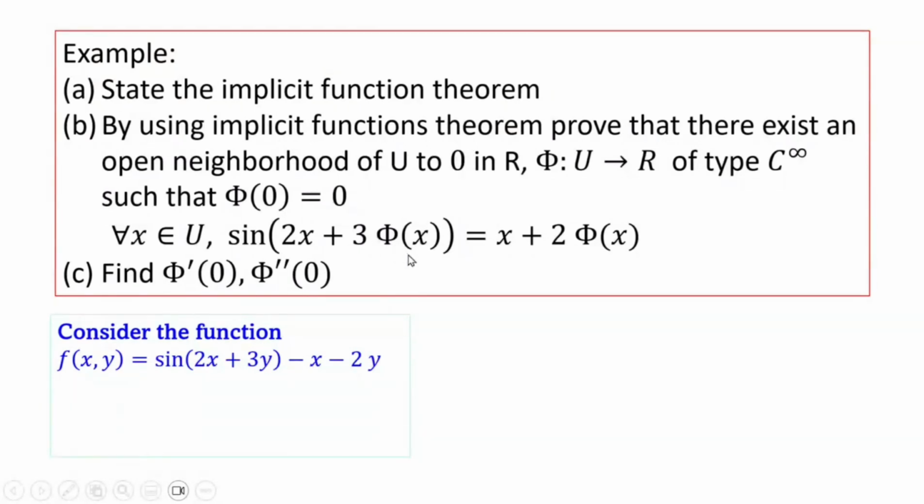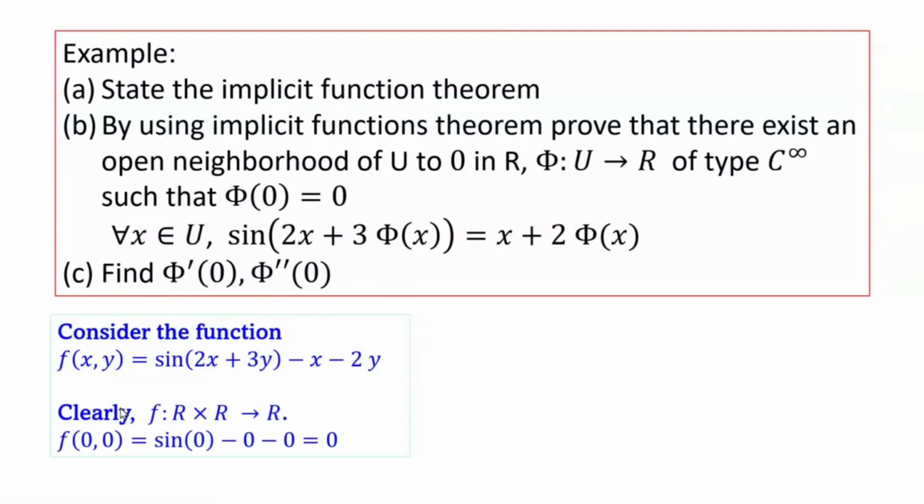Therefore, we need the function f to satisfy the conditions of the implicit function theorem. The first condition is that f(0,0) should be equal to 0. So we got it: f(0,0) is sin 0 minus 0, which is 0.